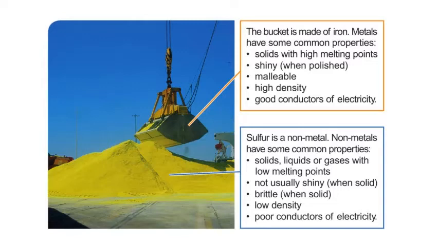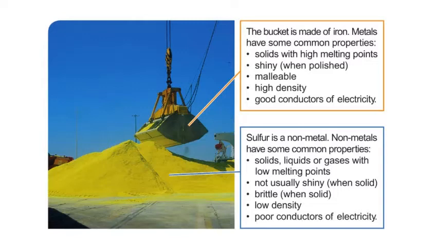If you've ever unpackaged something new and it's got protective polystyrene in it, when you hold that polystyrene, it can be quite big, but it has very low mass. So polystyrene has a very low density, whereas metals tend to have a very high density. And lastly, and very importantly, metals tend to be good conductors of electricity. And we'll talk about why that is in a minute as well.